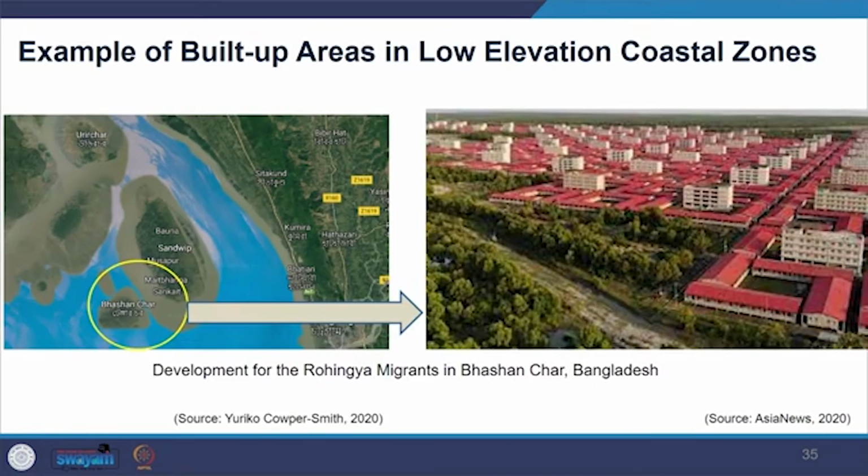So now moving on to another driver, we see that economic development also has influenced how we use the land. Due to globalization, we see increasing pressure on land systems and their functions, and because of this, there is landscape change.